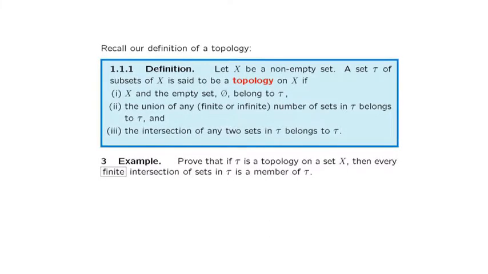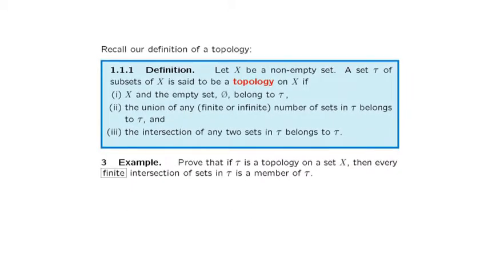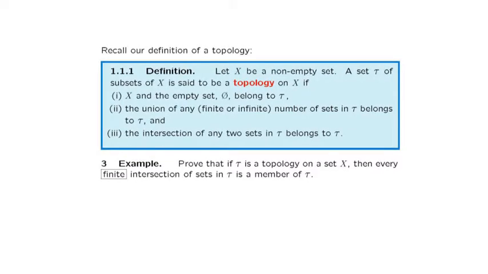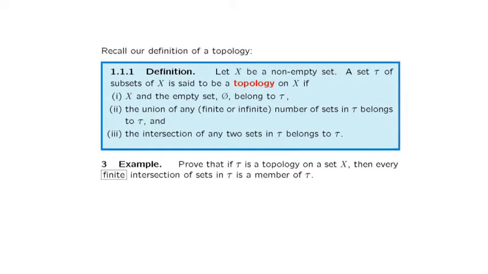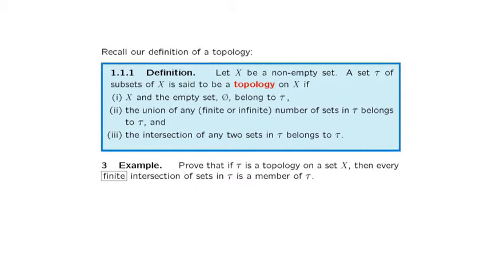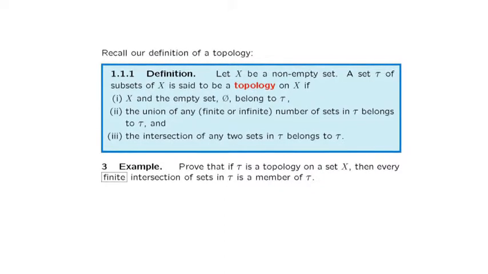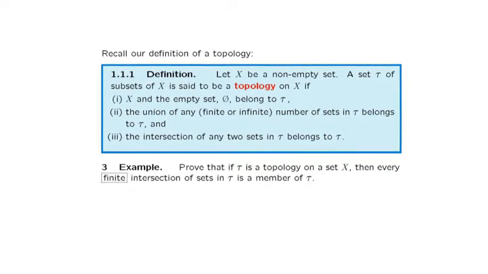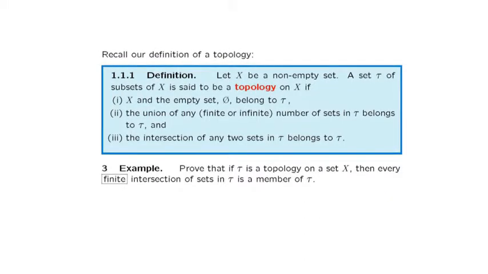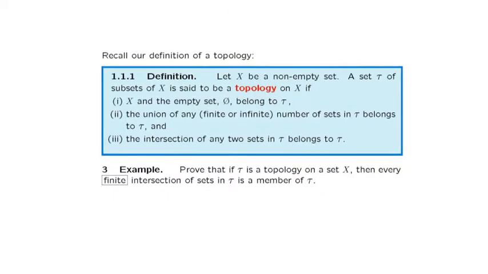Our example asks us to prove that if tau is a topology on a set X, then every finite intersection of sets in tau is a member of tau. In other words, the intersection of 3 sets in tau is in tau, the intersection of 4 sets in tau is in tau, and so on. Not the intersection of an infinite number, but the intersection of every finite number of sets in tau.